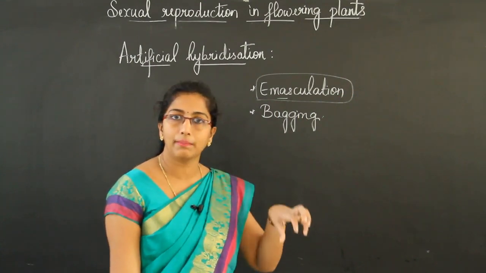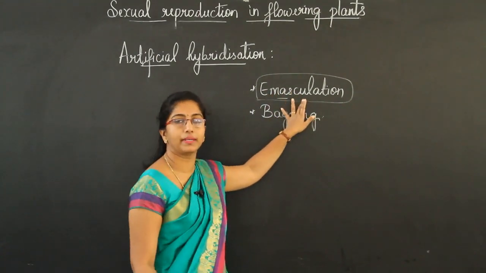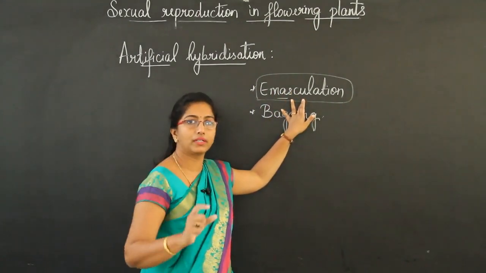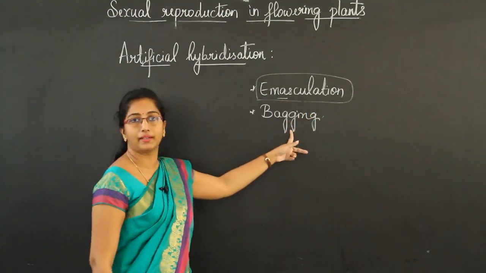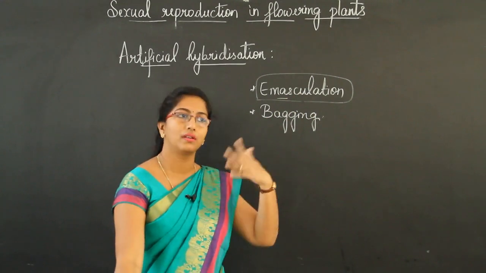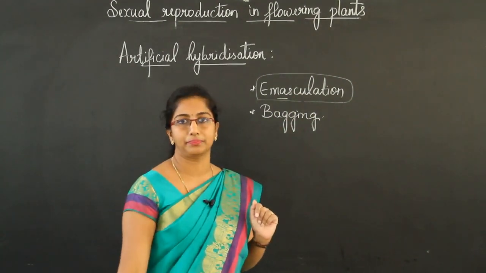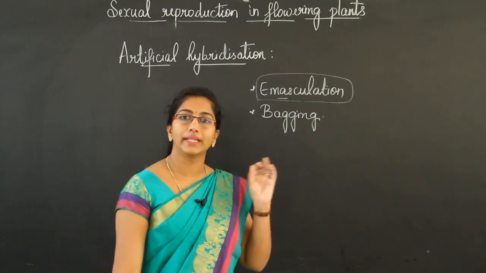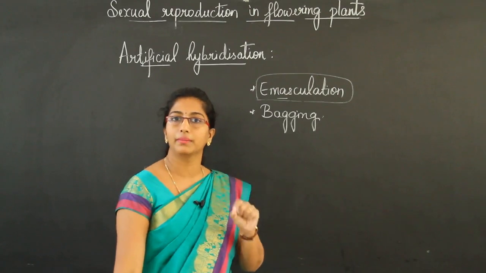The female plant is selected, and no emasculation is required because the flower will have only the female part, the carpel. But bagging has to be done because we don't want contamination by undesired pollen, and the remaining process remains the same. With this, there is a possibility of getting a hybrid plant.